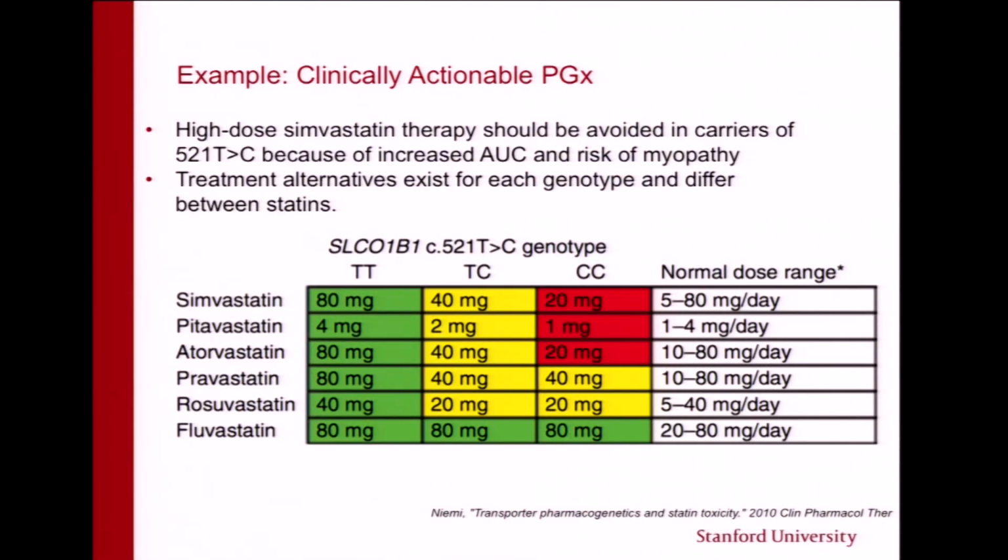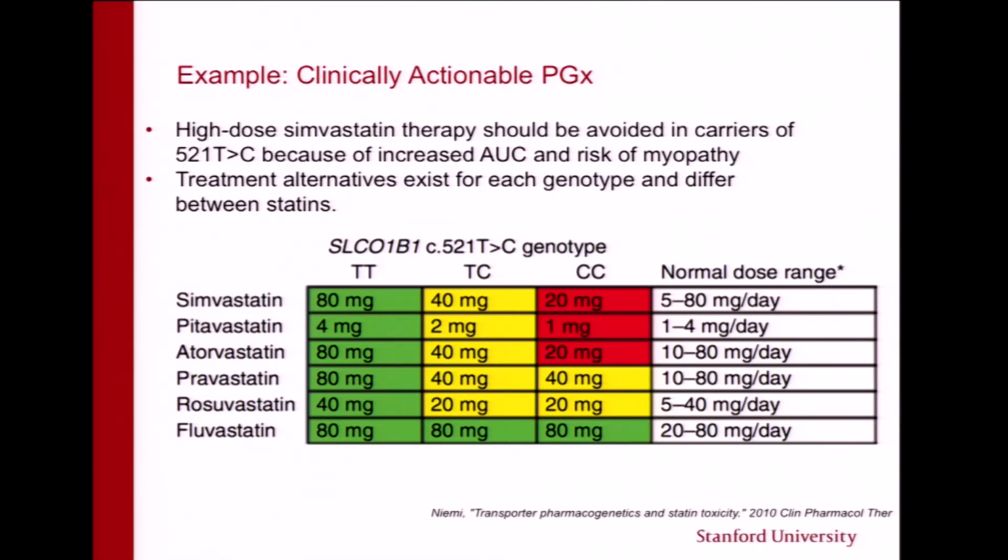So what can we do about this? There's actually a CPIC guideline that recommends testing for this haplotype at the 521 allele position to determine statin treatment prior to initiating therapy. You'll see in this table that depending on what alleles a person has at that 521 position, we can either change the dose.